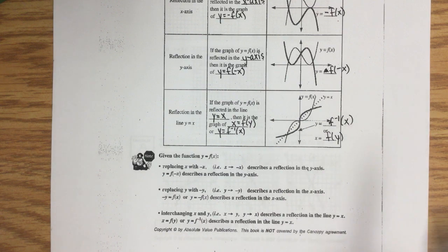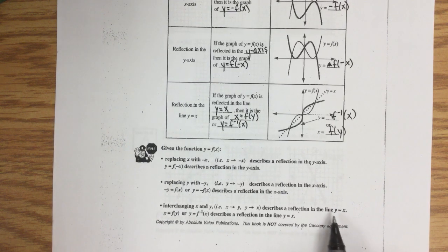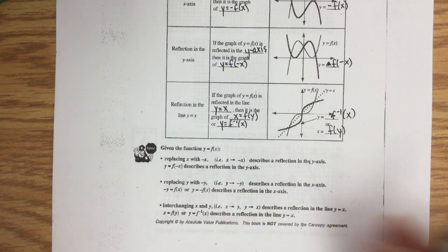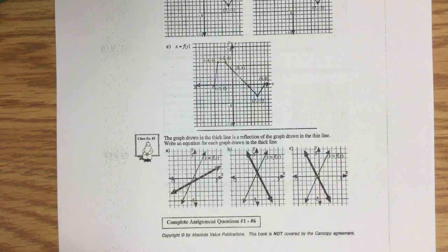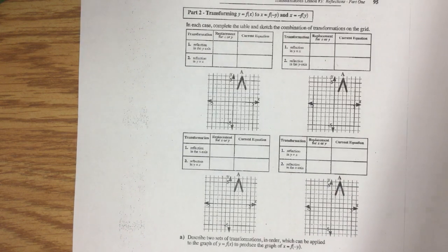Interchanging x and y describes a reflection in the mirror line, and that mirror line produces the graph x equals f of y or y equals f inverse x. Okay, so I'm going to go through a couple of examples with you, and I think we're going to leave our work on combining reflections to tomorrow.